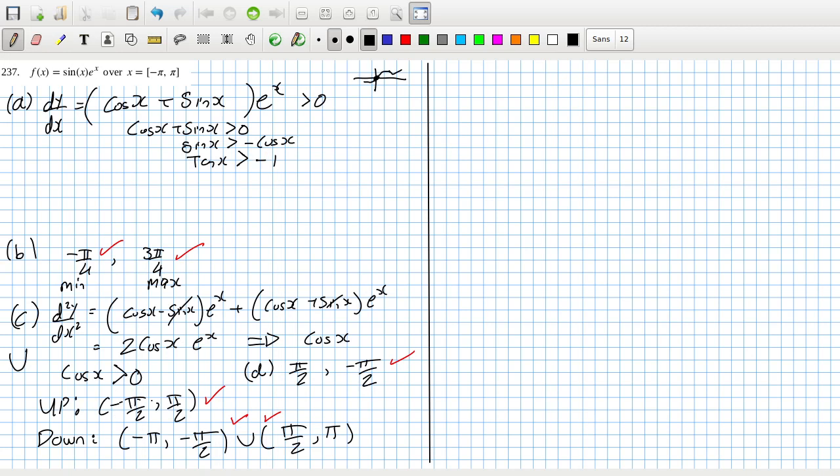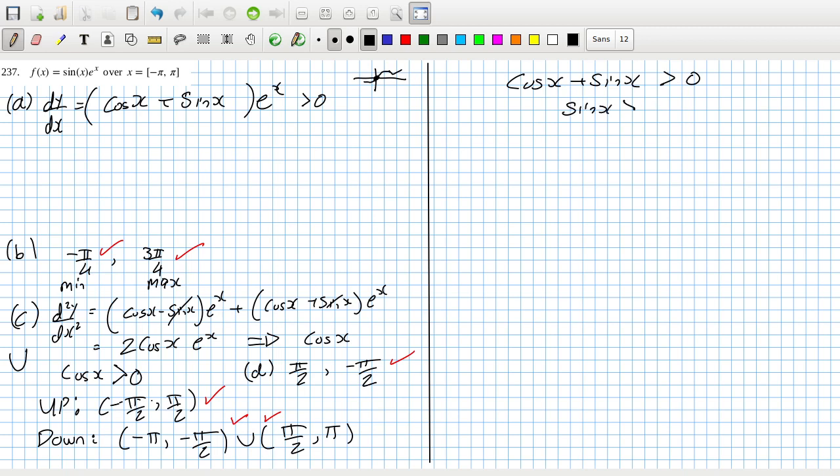Oh, no, I see my mistake. Silly Stephen. I can't divide by cos unless I know that cos is positive. What a schoolboy error. This is harder to solve than it looks, I'm afraid. So we'll have cos x plus sine x more than 0.